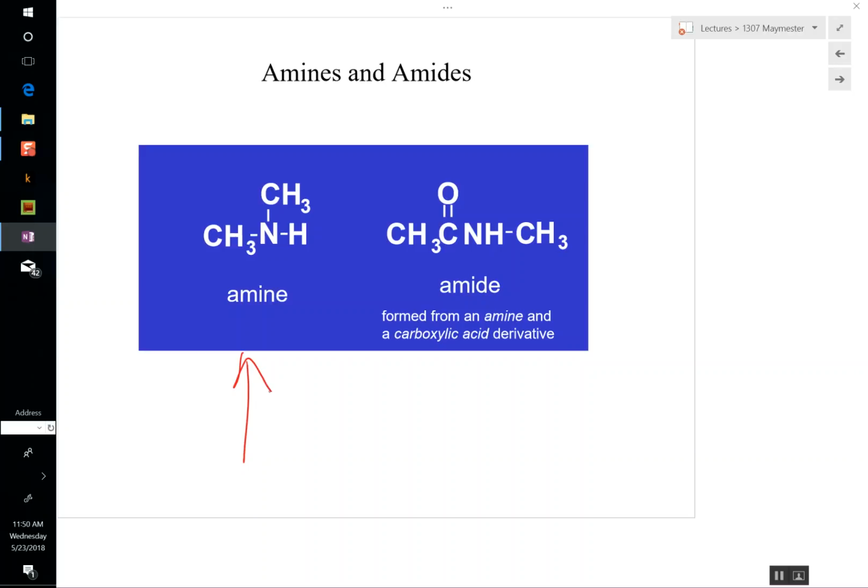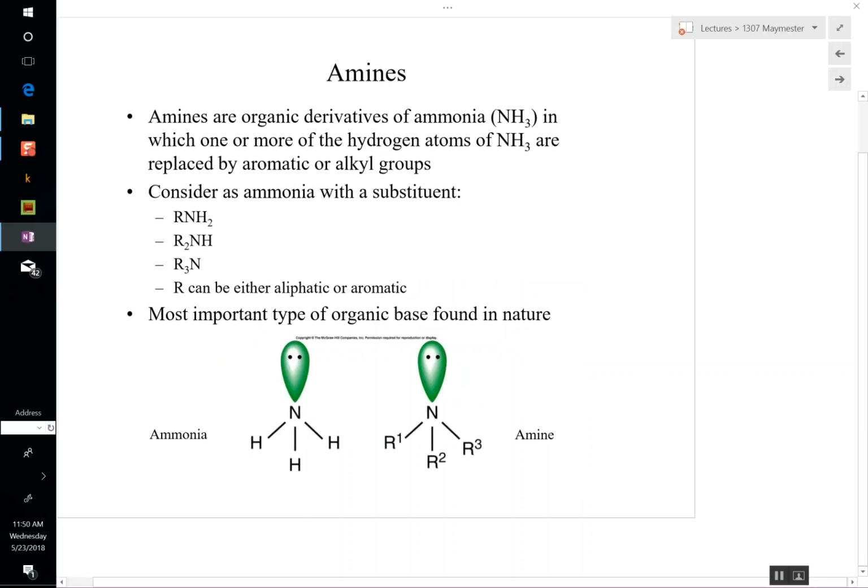It doesn't become an amide until you see right here, you got a carbon-oxygen double bond with a nitrogen next to it on the same carbon. So the carbonyl has a nitrogen on it. Then you've got an amide. We'll concentrate on amines, and we'll give amides a little bit of attention.